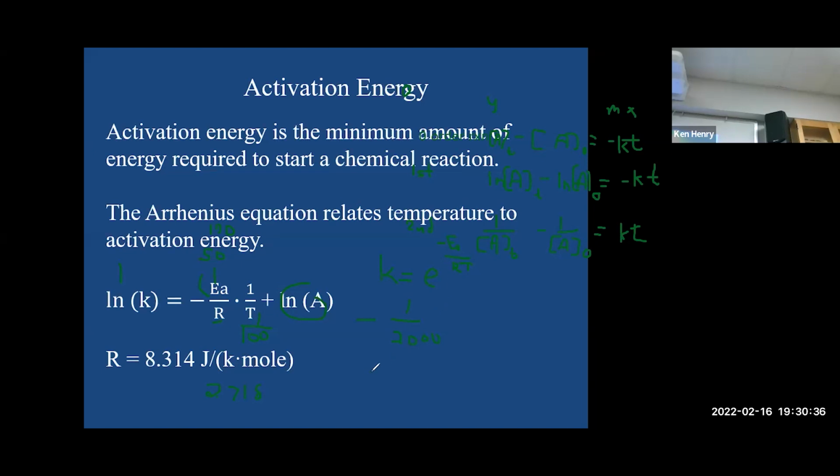In other words, if we make the assumption that this is equal to 1, then K is going to be equal to e to the negative 1 over T. Okay, so let's say for kicks and giggles, we'll start off with T being 20.